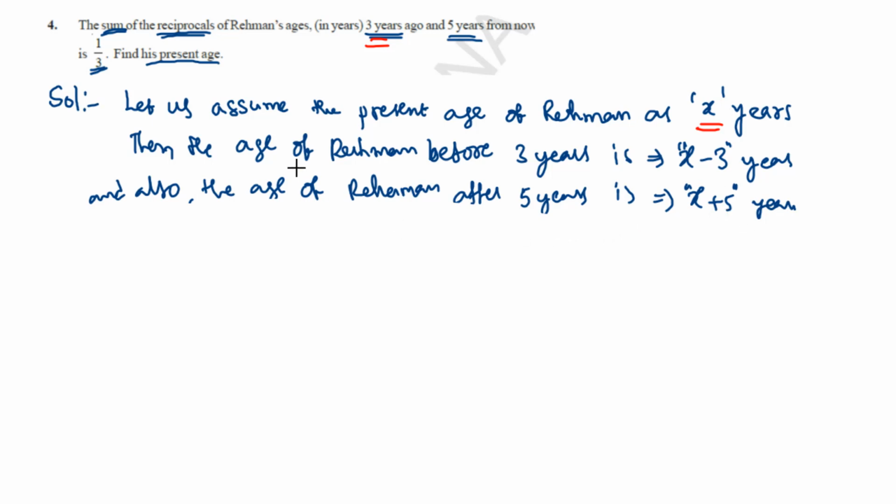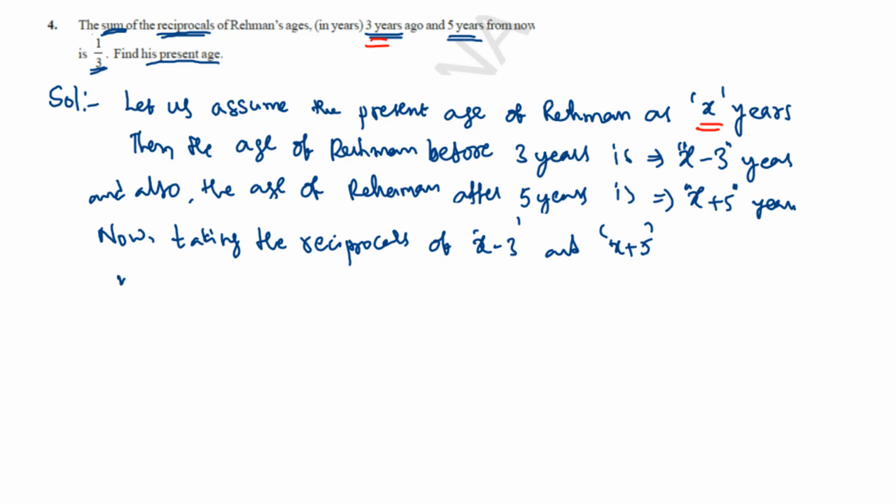Now next, what we have to do? In the problem it is given that we have to take the reciprocals of these two ages and then add them, so that we get 1 by 3 as the result. So now, taking the reciprocals of x minus 3 and x plus 5, what is the reciprocal of x minus 3?